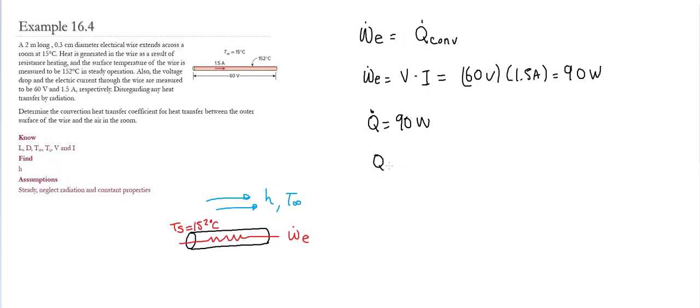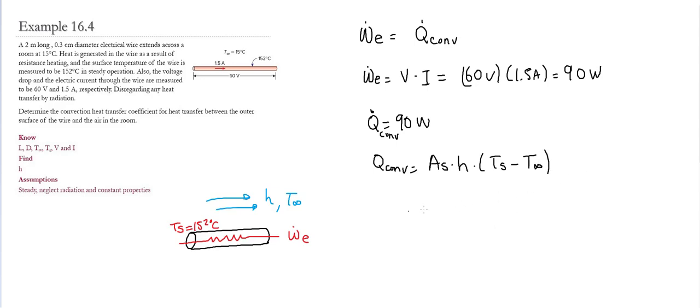We also know that the heat transfer by convection is equal to the surface area, the convection heat transfer coefficient, and the difference between the surface temperature and the ambient temperature.